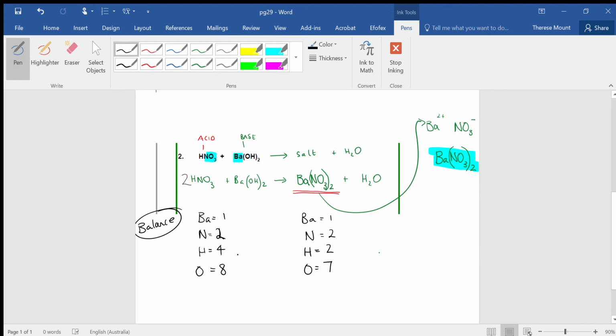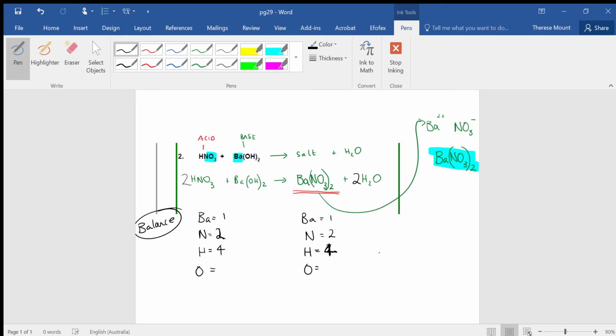So I need to try and balance my hydrogens. So how many hydrogens? 2, I just want to check that, 4, and then, yep, okay. I'm going to place a 2 there. So now my hydrogen here is 4, so my hydrogens should be fine, but now my oxygens are probably going to be a bit messed up.